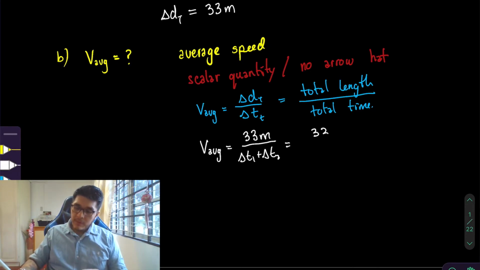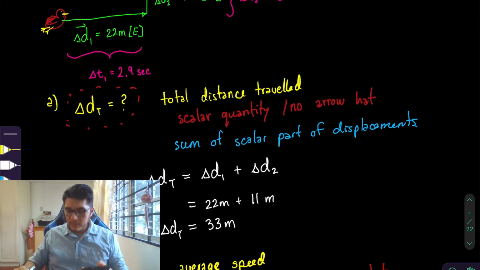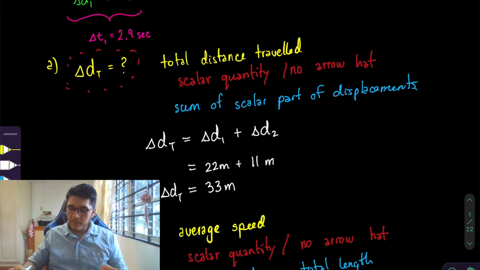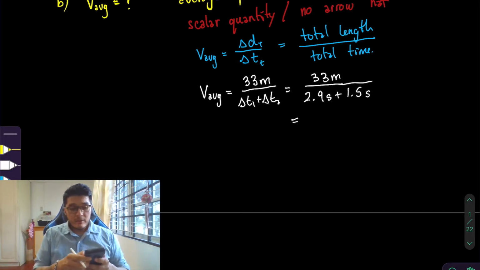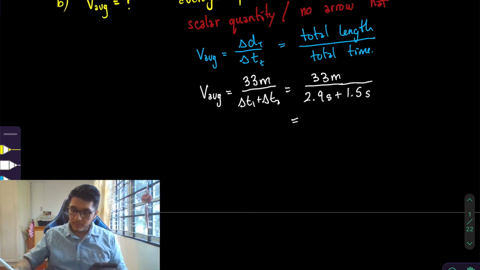So 33 meters for the distance traveled, and what was it, 2.9 and 1.5. I'm not so good at the calculation part, so that's why I'm going to use the calculator now. So 2.9 plus 1.5, 4.4.